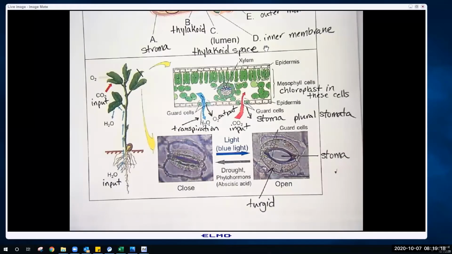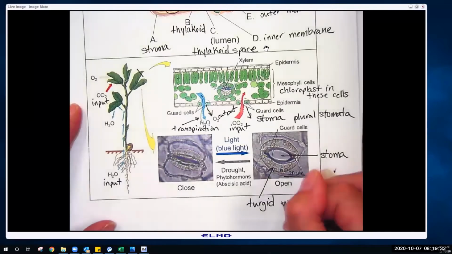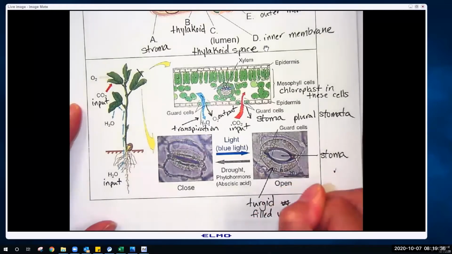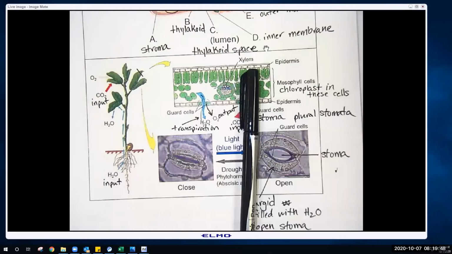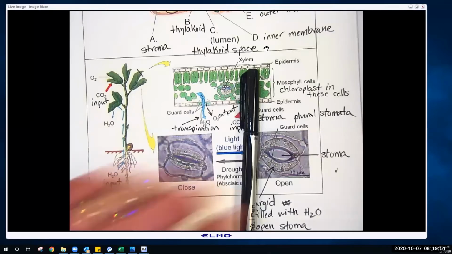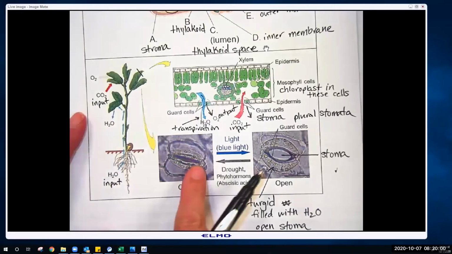So when they're in an environment that is very hypotonic, meaning there's lots of water surrounding them, water is going to rush into the guard cells and they're going to become turgid because they're filled with water. And if those guard cells are filled with water, they open the stoma because they get really fat and they open up. When the plant loses too much water, the first place where they lose water from are these guard cells.